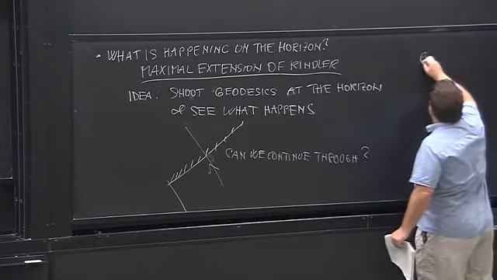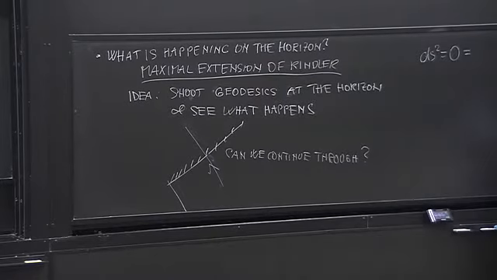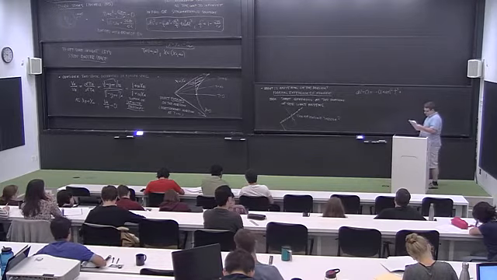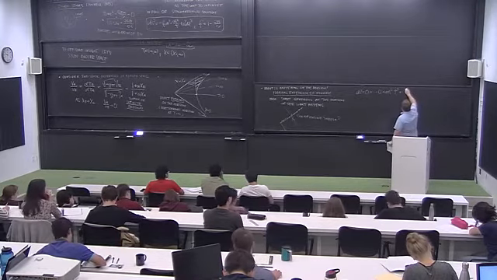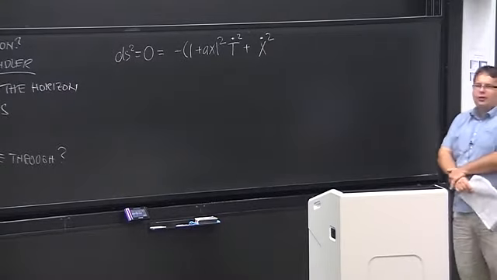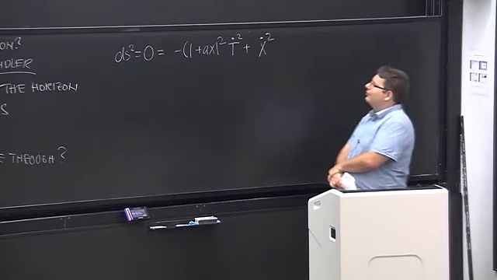So the null geodesics simply have ds squared equals 0, and then this is my equation: 1 plus ax squared t dot squared, that's the Lagrangian, which you are studying in one of your tutorials, and x dot squared. This is the simplest possible Lagrangian you can write down.